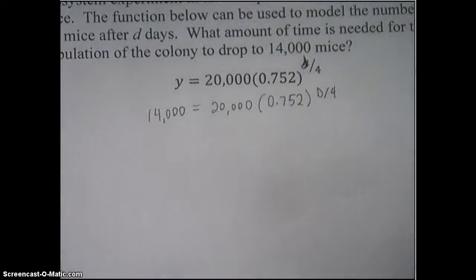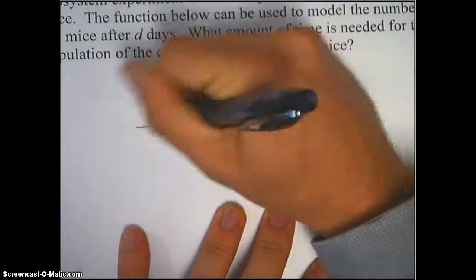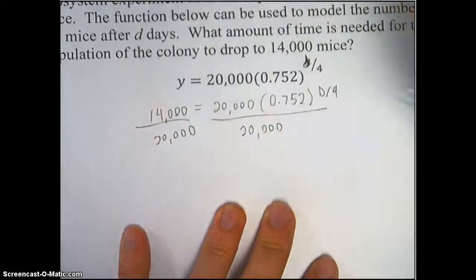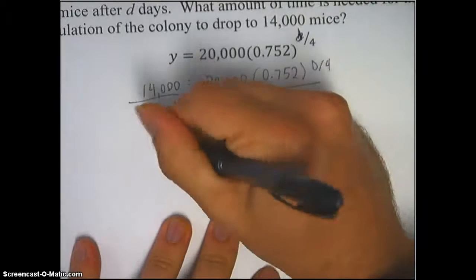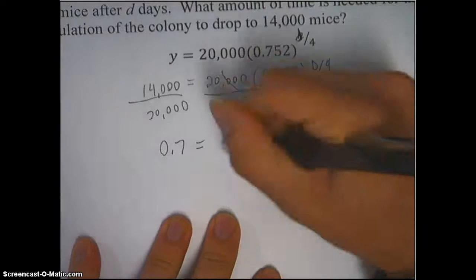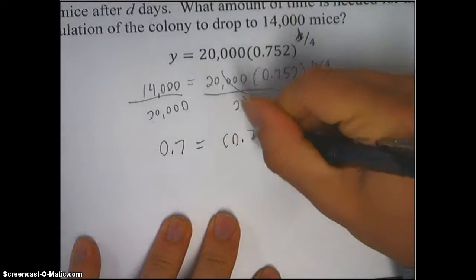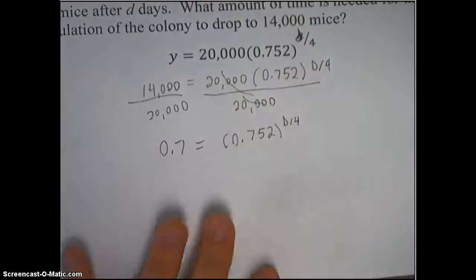I want to know how many days it takes. The first step here is to divide both sides by 20,000. And that's going to give me 0.7 equals, now those 20,000s cancel out, 0.752 to the d over 4 power.